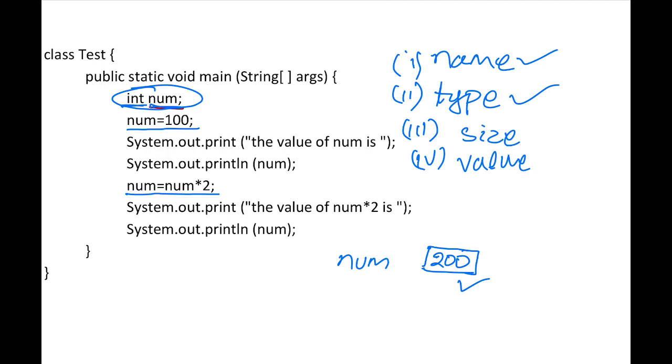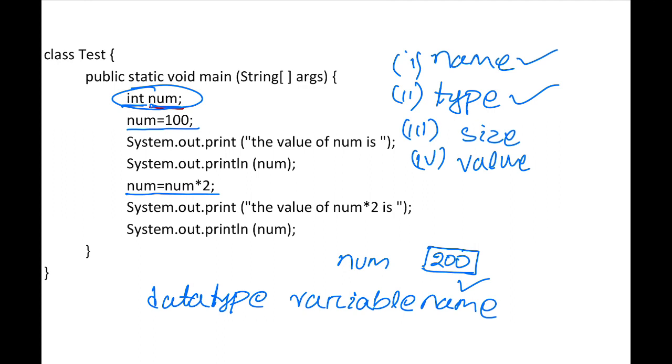Now to declare a variable, the syntax is like data type, then variable name.